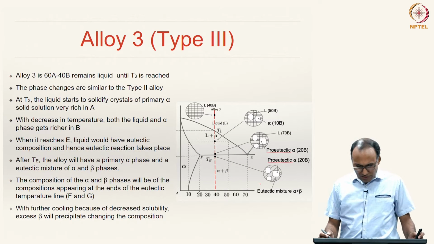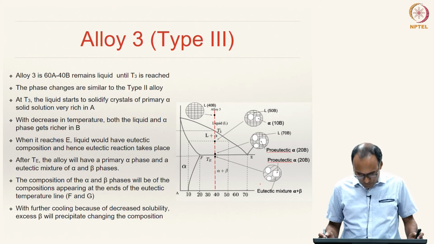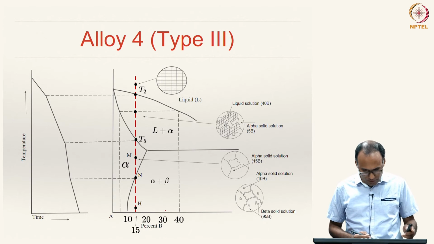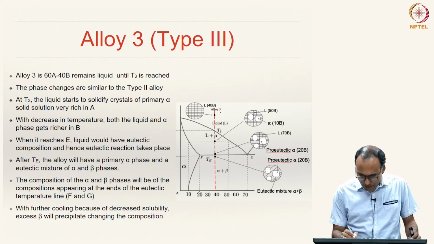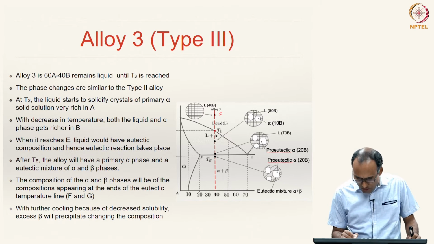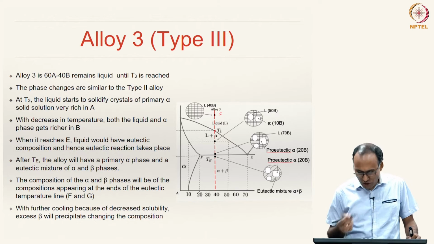Okay. Now, let us look at alloy 3. Here again alloy 3 is pretty straightforward. You have a complete liquid solution at temperature T3, and small grains of alpha start solidifying.